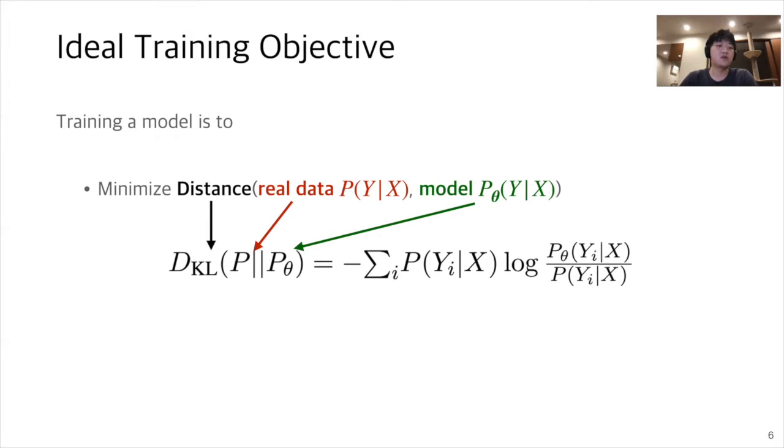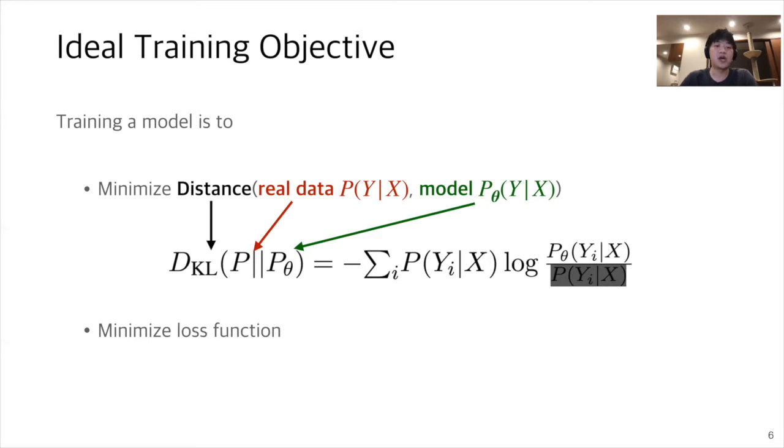The KL divergence between the P distribution and the P theta distribution can be written in such a way. And we can notice in this term, the denominator P of y_i given x is not related to our model parameter theta. So we can ignore this term.